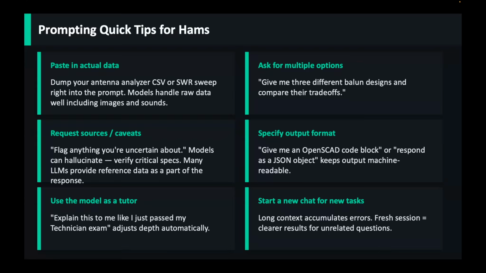So here's some quick tips. If you've got actual data, that's kind of fun, right? So like you could connect your nano VNA and have it do a sweep of your antenna, and you can actually give it the image of that sweep, and have it analyze it. Everybody's aware that the 60-meter regulations require a yearly analysis of your ERP.